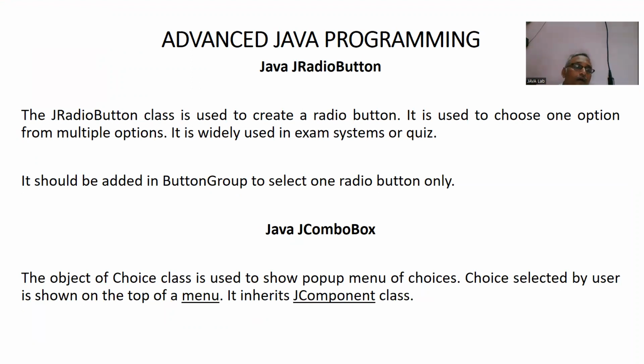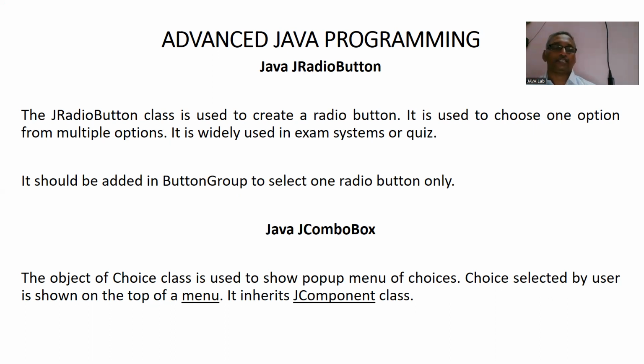The JRadioButton class declaration: public class JRadioButton extends JToggleButton implements Accessible. Commonly used constructors are JRadioButton(), JRadioButton(String s), and JRadioButton(String s, boolean selected). They create a radio button with no text, an unselected radio button with specified text, and a radio button with specified text and a selected status.